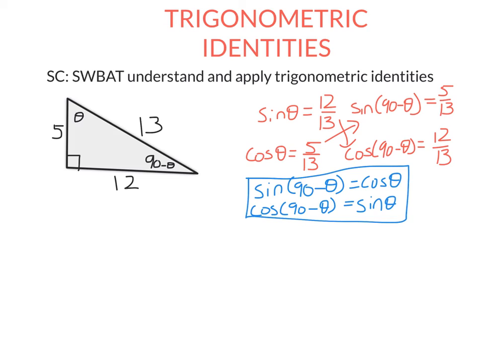Now, it turns out there's sort of one for tan. If I calculate tan of theta, so tan of this angle here, it's just opposite over adjacent. So it's just equal to 12 over 5. But if I take tan of 90 minus theta, now I'm taking tan of this angle, opposite over adjacent is 5 over 12. You can see that we've just flipped the fraction.